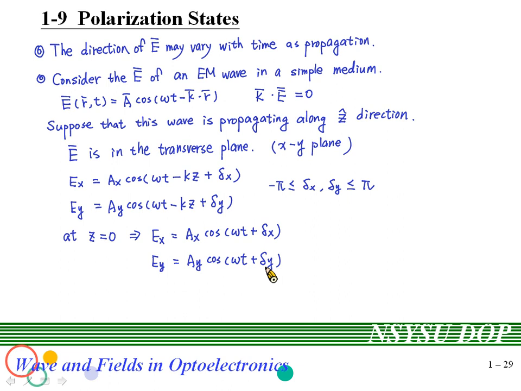This means that no matter what the value of z is, the EM wave should have the same polarization state. As a result, we can choose the easier point for us to define the polarization state.